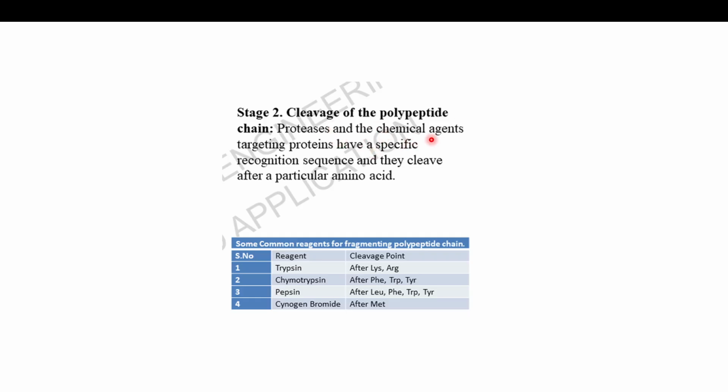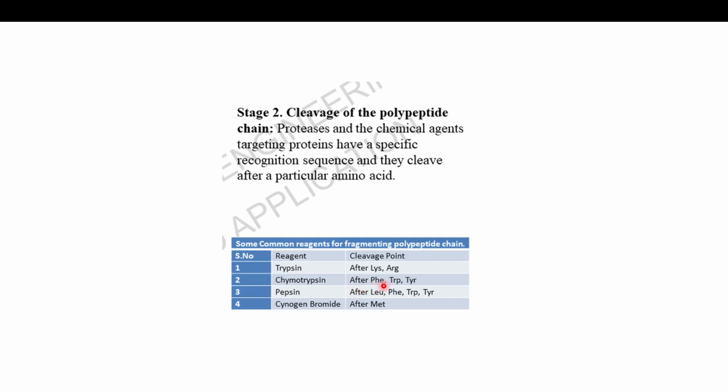along with a mixture of certain chemical agents which target proteins at specific amino acid sequences and then cleave after a particular amino acid. So these are a few examples. Trypsin cleaves whenever lysine or arginine residues are there.